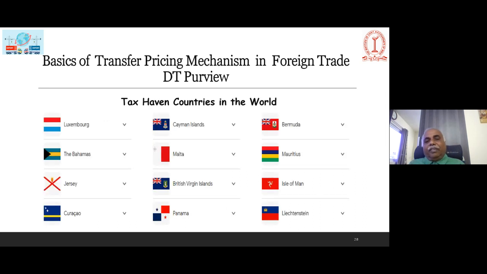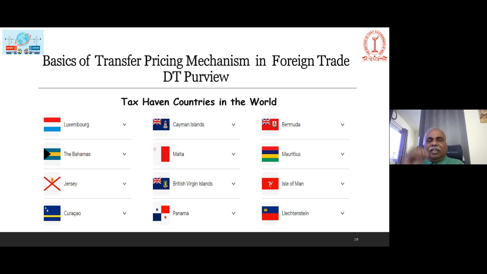If you see the tax haven countries in the world, particularly Luxembourg or Malta or Bahamas or Jersey, and Mauritius, these are called the tax haven countries in the world. The low tax we can enjoy, the less tax, but in India the tax is high.